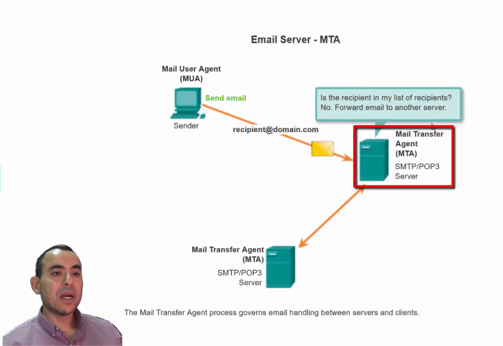The email server runs a process which is called the mail transfer agent. The mail transfer agent is the server process that runs on the email server, and it listens to the email content from the mail user agent, and then it stores that email content on the server.